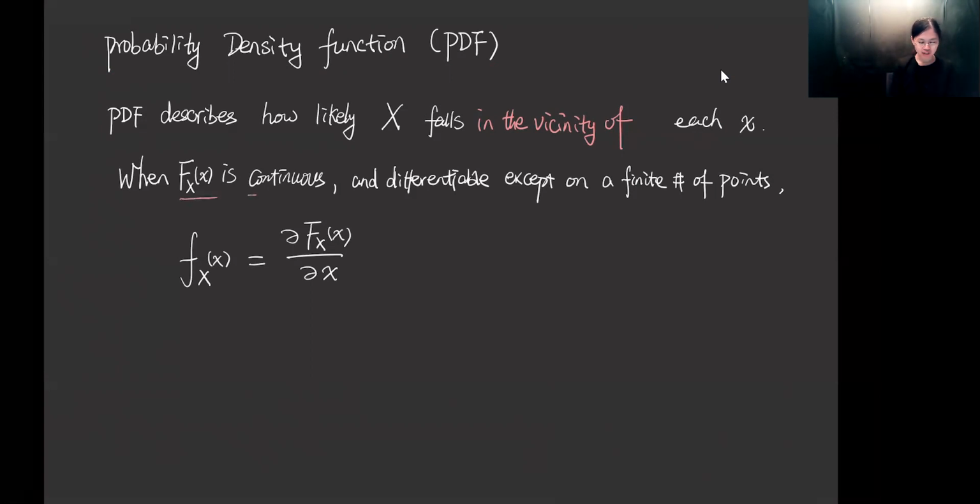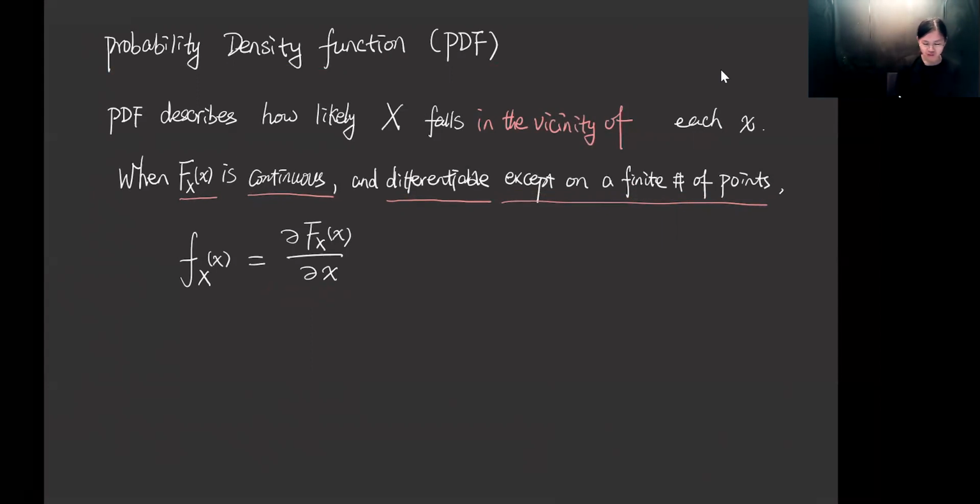So what is the probability density function? When the CDF is continuous, meaning that we are dealing with a continuous random variable, and the CDF is differentiable except on a finite number of points, it doesn't have to be differentiable everywhere. It can be non-differentiable at some points, but only a finite number of points. Suppose that F_X satisfies this, then we can define the probability density function to be the first derivative of the CDF function.